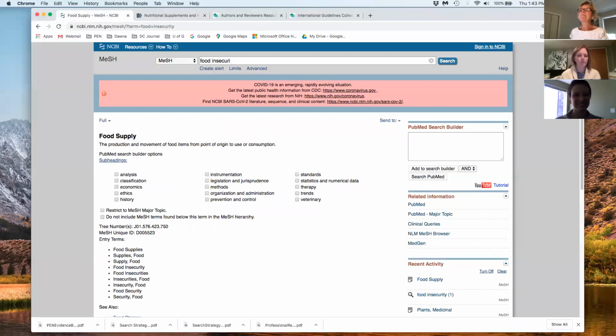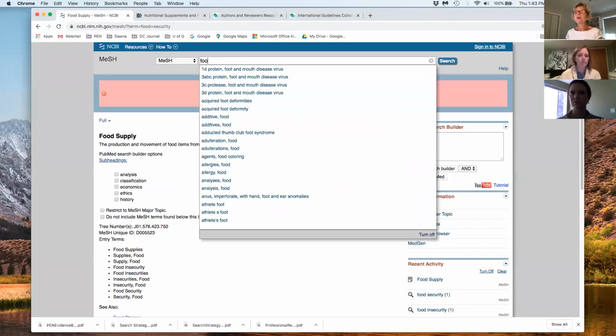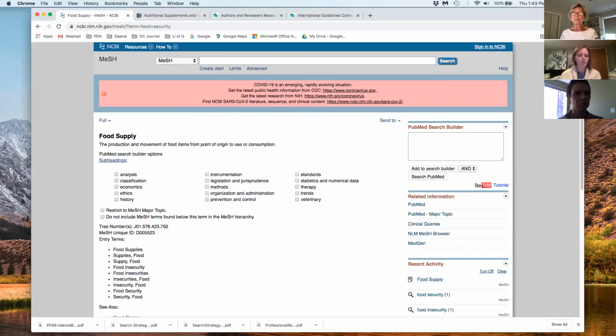I'm sure it would be the same if we looked at, let's try food security. Same thing, food supply. Any other suggestions when we're thinking about not the intervention, but the population? Other suggestions for a MeSH term that we could look for to address food insecure population?